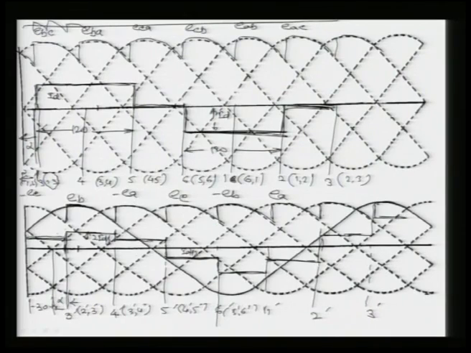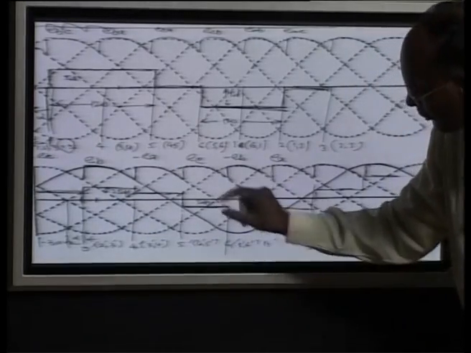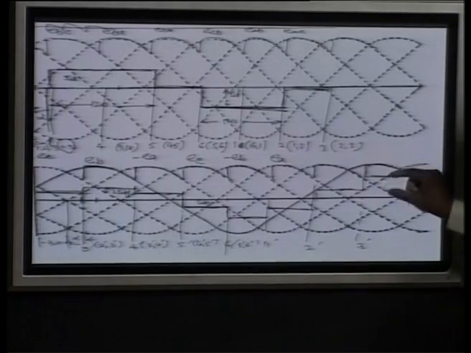So, here the current is ID by 3, 2 ID by 3, ID by 3, minus ID by 3, minus 2 ID by 3, minus ID by 3, ID by 3 positive, here 2 ID.